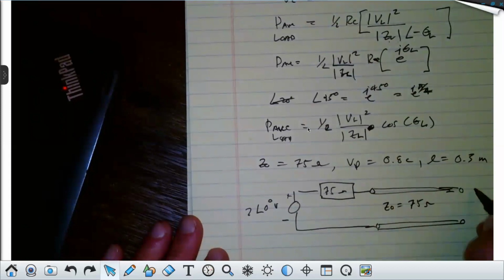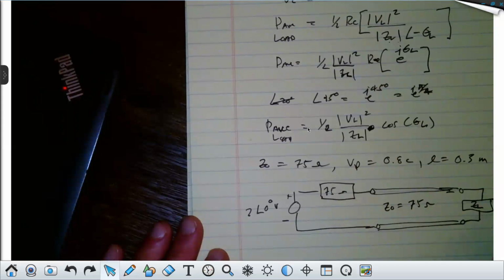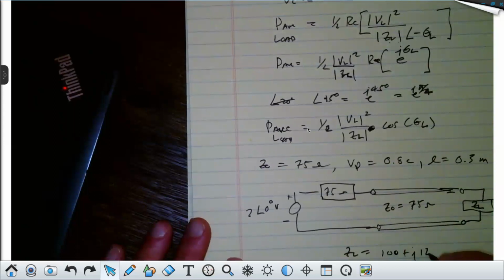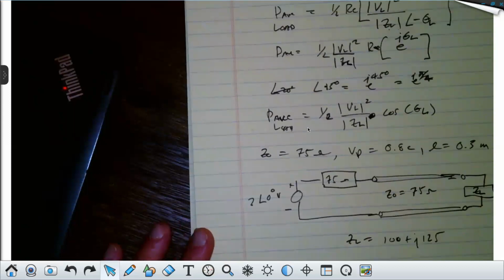And then he has a load here. And Z load is equal to 100 plus j125. And the frequency is 600 megahertz.